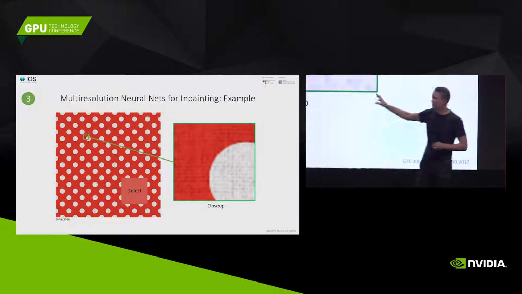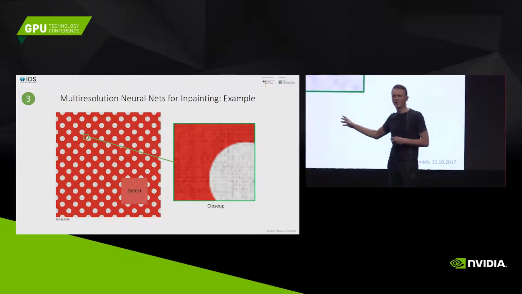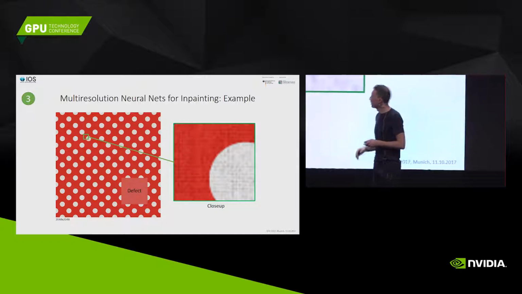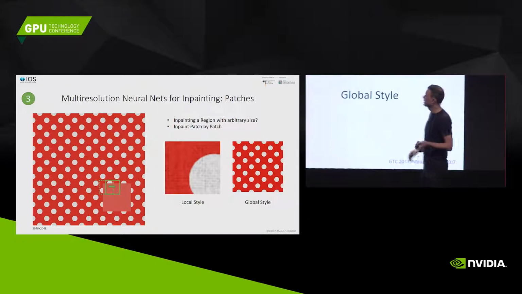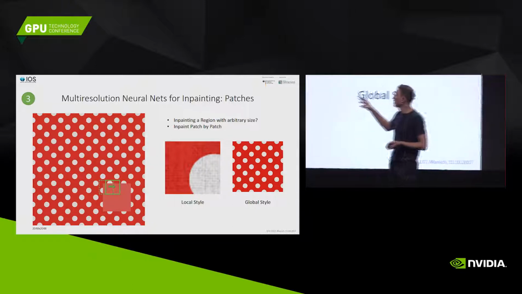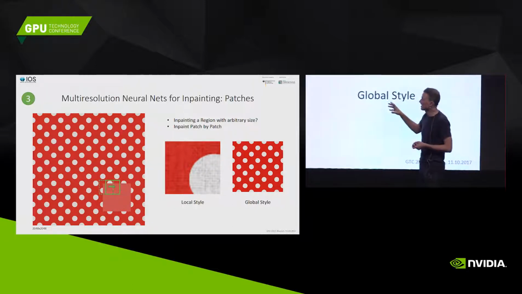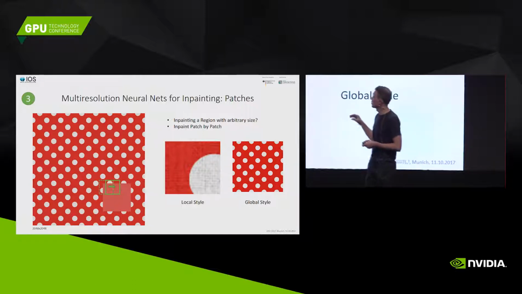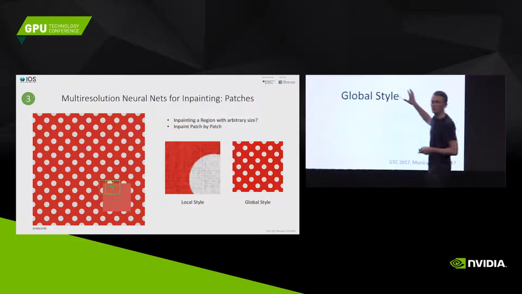So I show you an example of a color image right now. This is not really a height map, but a color image, but it works on color images too. So that's why I use this example here. What you can do now is slide a window over your defect region, and we then optimize the defect region so that not only the statistics for the local style are satisfied, but also the statistics for the global style.